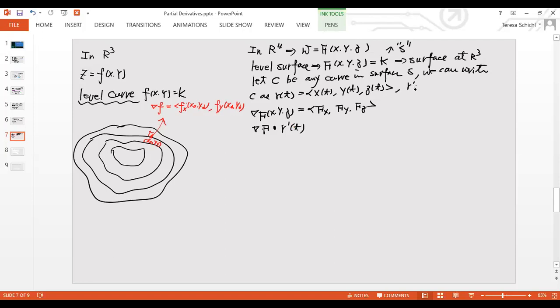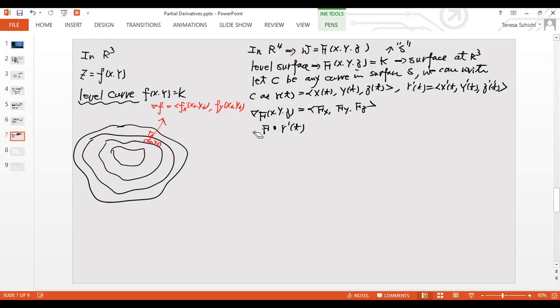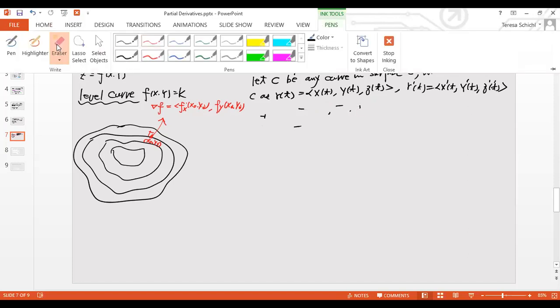If you take the derivative of r(t), it will give you x prime(t), y prime(t), and z prime(t). The reason I do that is that I shouldn't skip the step, because that will cause confusion.